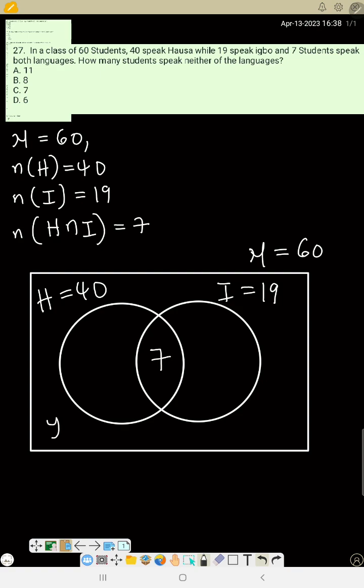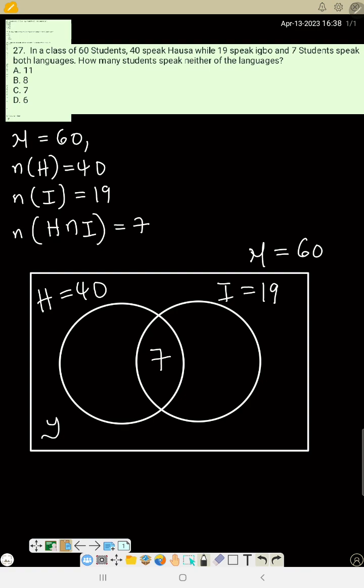So let the people that speak neither be y. Here will be 40 minus 7. This portion is 40 minus 7, and this portion is 19 minus 7. So you remove the 7 from those two numbers.